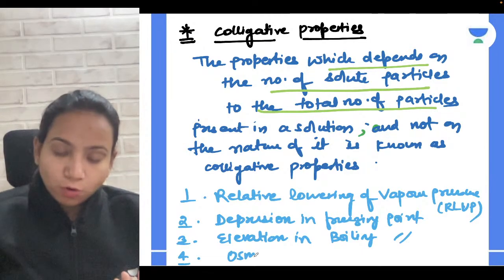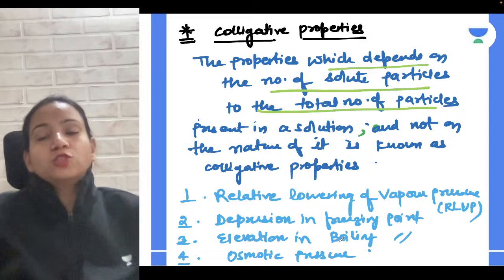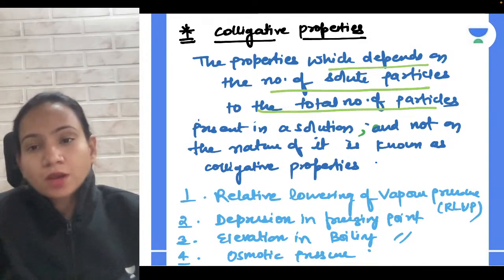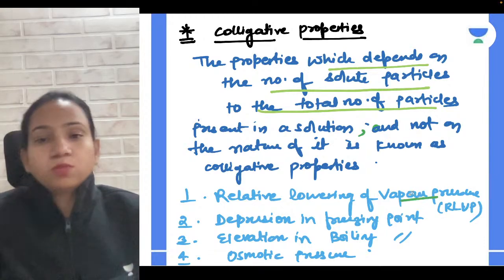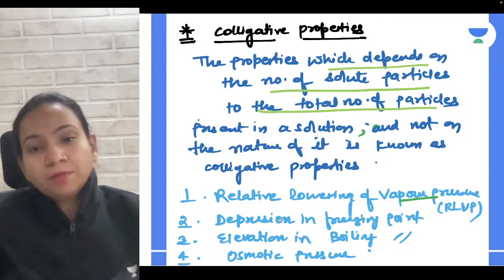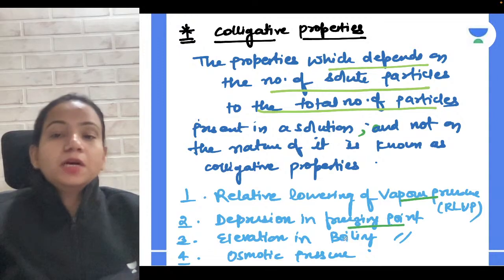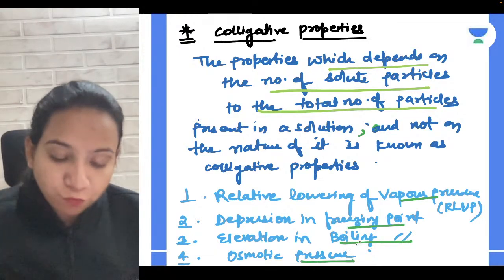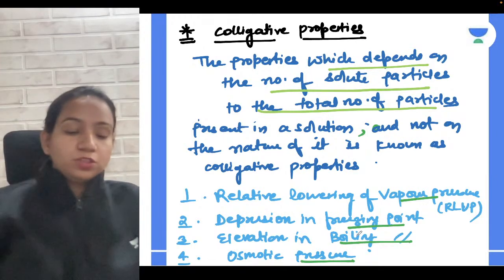So these are the 4 properties we have to learn: relative lowering of vapor pressure, depression in freezing point, elevation in boiling point, and osmotic pressure.